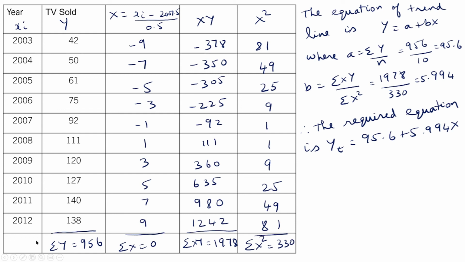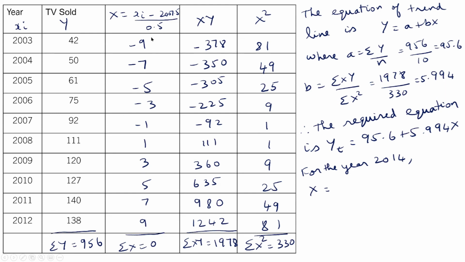And now we are asked to estimate the sales for the year 2014. For the year 2014, we have x as 2014 minus 2007.5 upon 0.5.